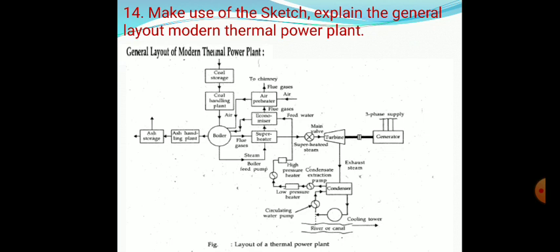Next question is, make use of the sketch, explain the general layout of a modern thermal power plant. So this is the general layout of a modern thermal power plant.